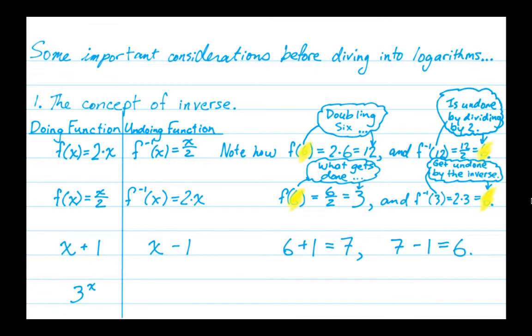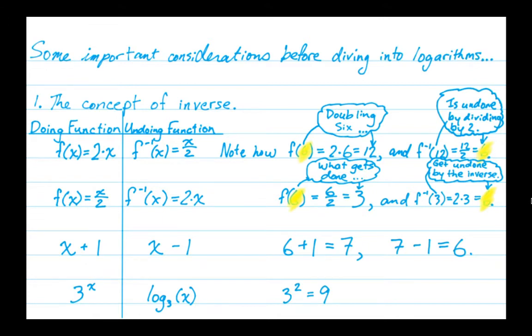Now on to what's important for this unit, looking at the exponential function, such as 3 to the x. If this is the doing function, so we take a number and we do 3 to that number, then the undoing function is log base 3 of x, and we'll get to understand that more as we go. But here's a numerical example.